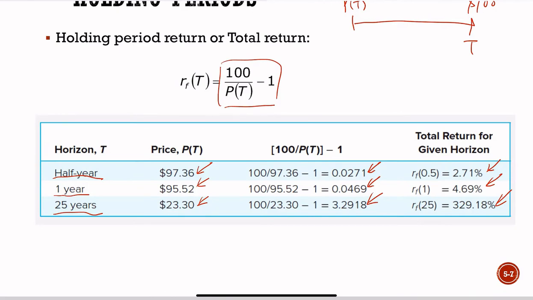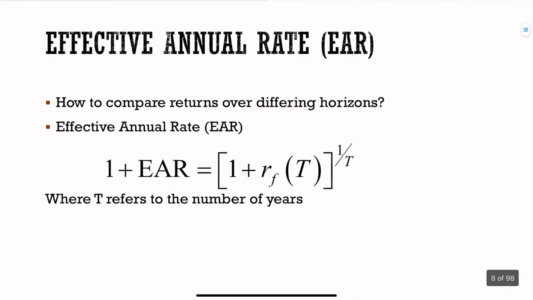That's why we want to annualize these returns. To annualize returns, we will use the effective annual rate. It's essentially the annualized return, and the formula is pretty simple. It's just 1 plus the holding period return, to the power of 1 divided by T. Here T refers to the number of years.